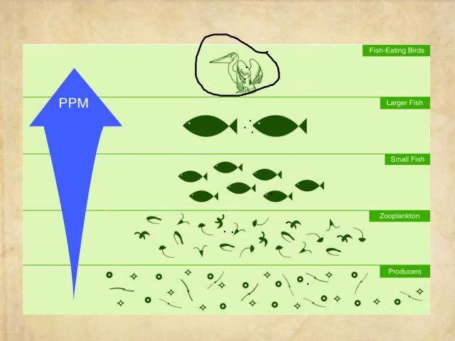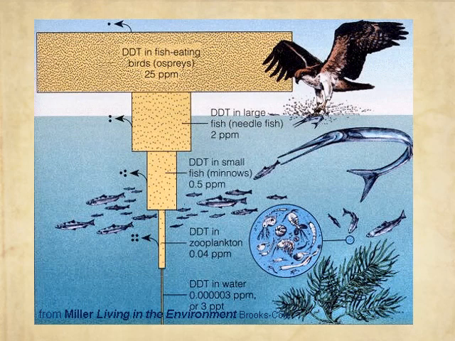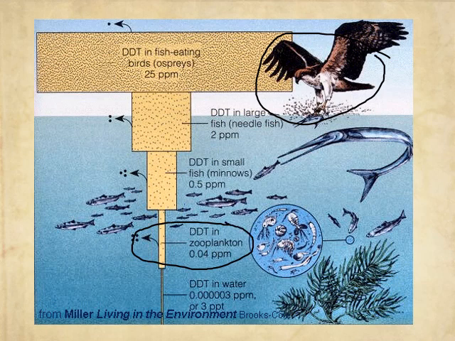So in essence, this one fish-eating bird has eaten all of these producers down here. Okay, so that's why this guy now has a lot of DDT in him. So here's another image that shows you this one osprey here has eaten basically all of these zooplankton that had DDT in them. And so now this bird has a lot of biomagnified toxins in it, DDT in this case.